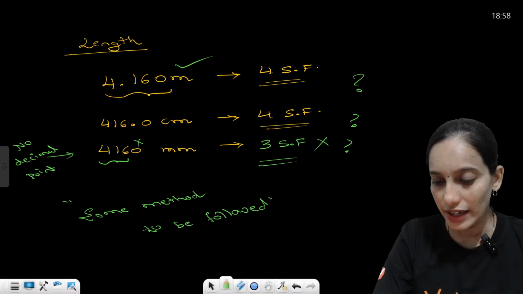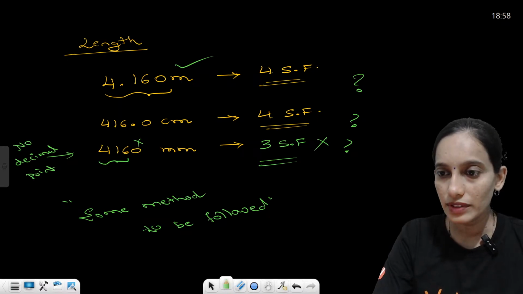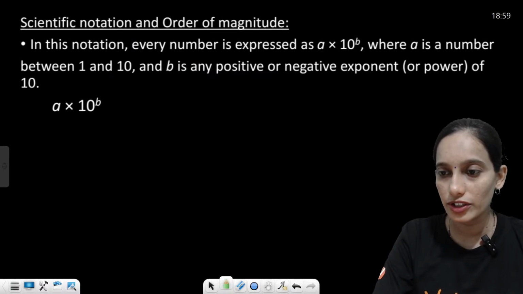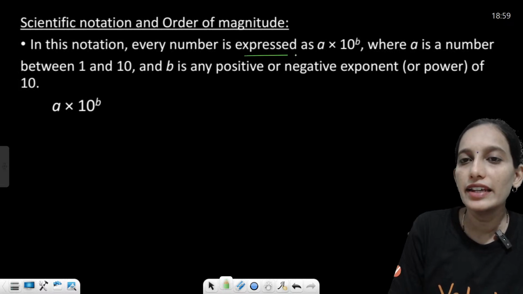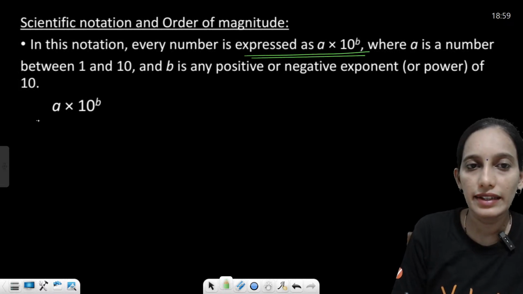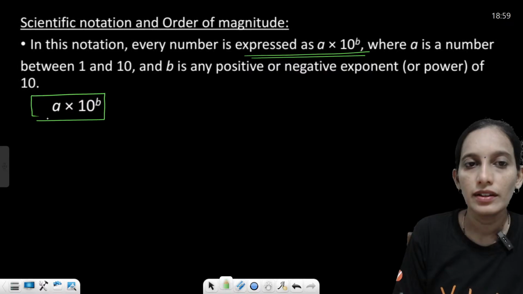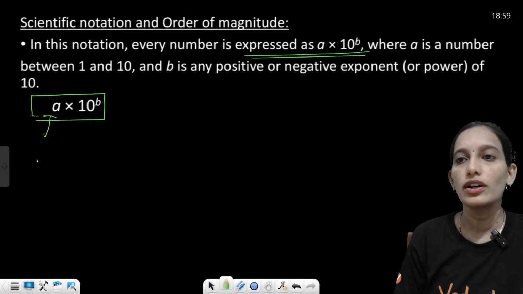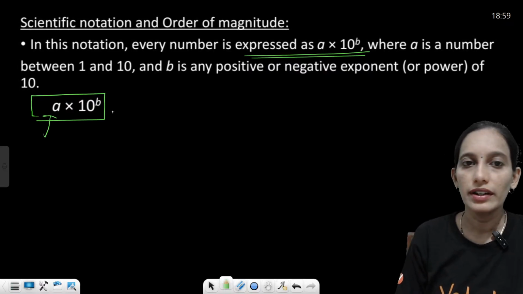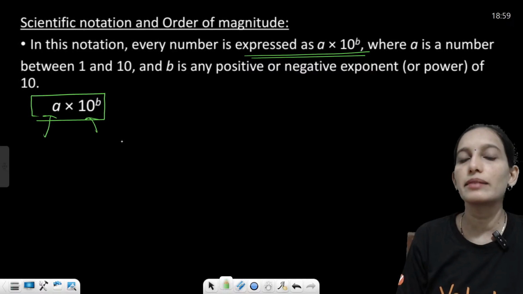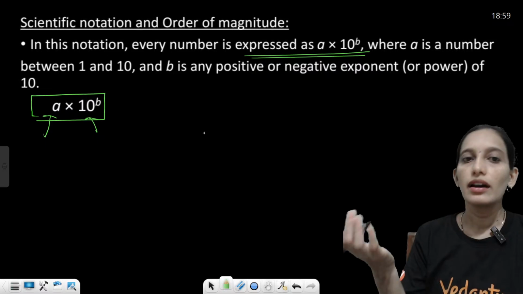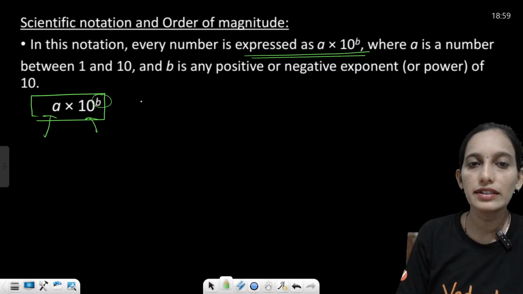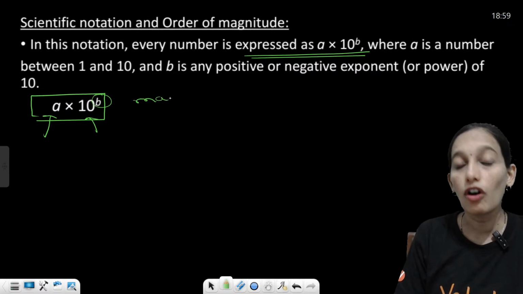To avoid that, we have to go for scientific notation. In scientific notation, any measured value can be written as a into 10 power b, where a is the numerical value, and 10 power b as a whole is called the order, and b is called the order of magnitude.